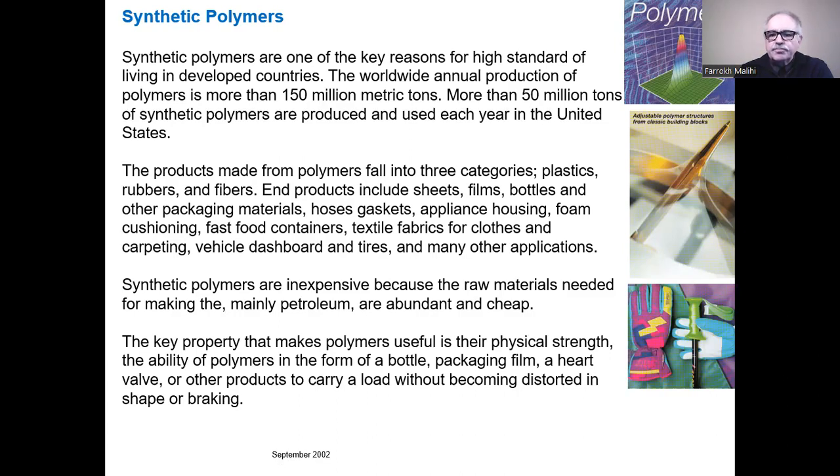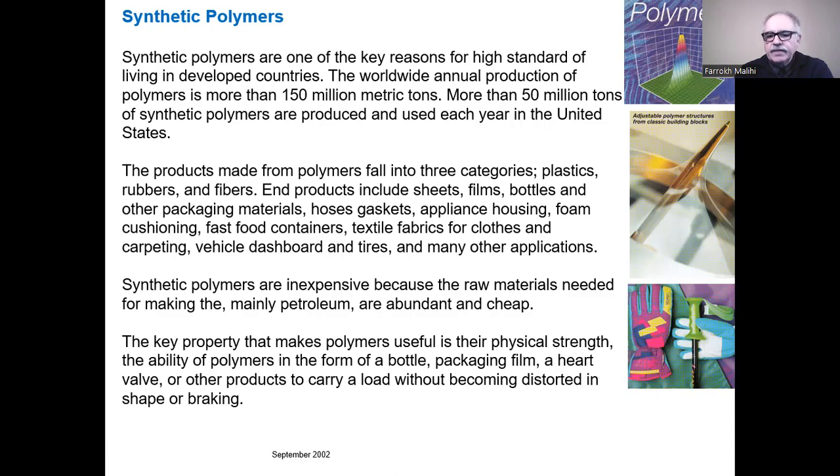Other production sites are Western Europe, particularly Germany, Japan, and in recent years, China, Southeast Asia, as well as the Middle East. The products made from polymers fall into three categories: plastics, rubbers, and fibers.